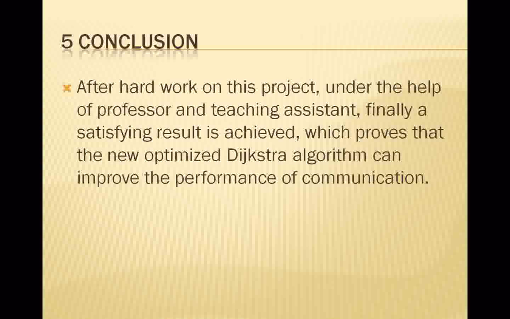So this is the end of the project demo. After hard work on this project, and also with the help of professors and the teaching assistant, finally a satisfying result is achieved, which proves that the new optimized Dijkstra algorithm can improve the performance of the communications.